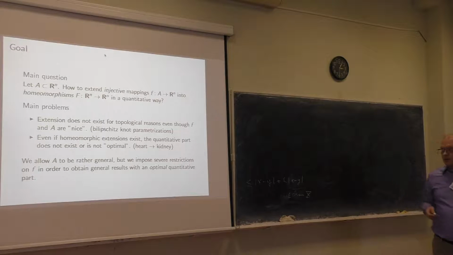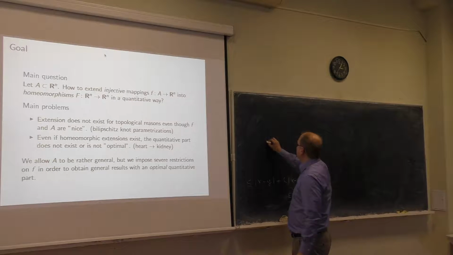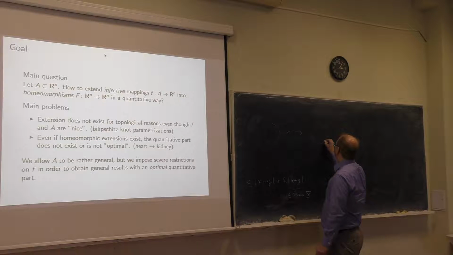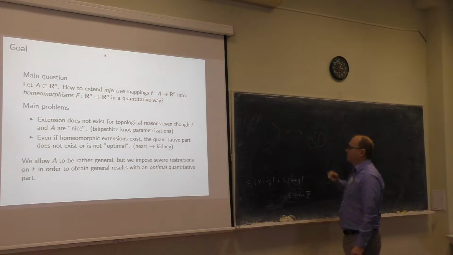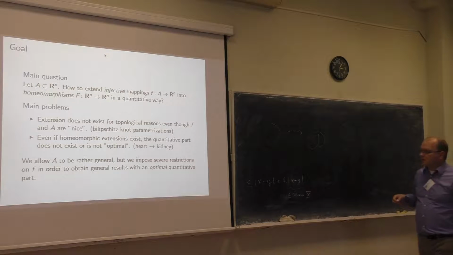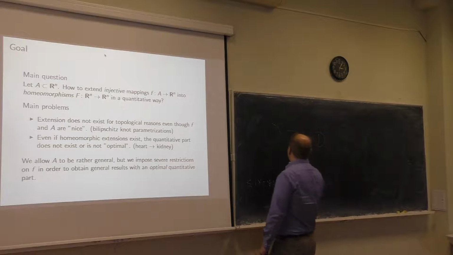And there are some obvious problems that can arise: it's easy to map a round circle to some knot where the extension doesn't exist for topological reasons, even if the mapping is Lipschitz or bi-Lipschitz with some reasonable constant less than 10. Or there may be homeomorphic extensions, but the quantitative part goes wrong.